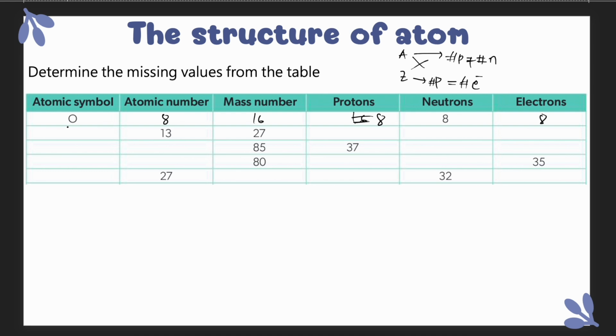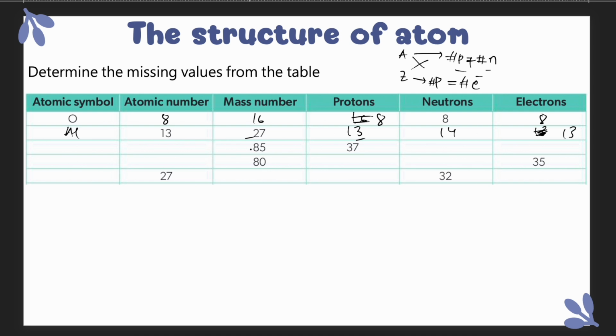13, atomic symbol is aluminum. So protons are the same as the atomic number, which is 13. Neutrons: 27 minus 13, because mass number is the sum of the number of protons and neutrons. So this one would be 14. Electrons also 13.